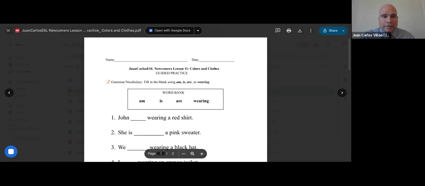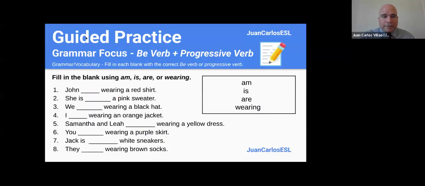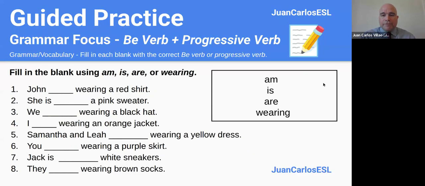All right, so let's go back now to the guided practice. So I invite you to pause the video and give students the opportunity to complete this exercise independently first, and then you could come back and go over the answers. Make sure students are given the opportunity to respond independently first.